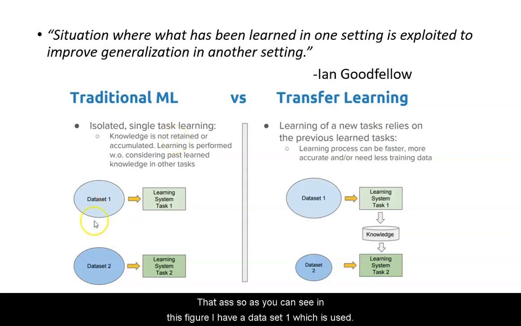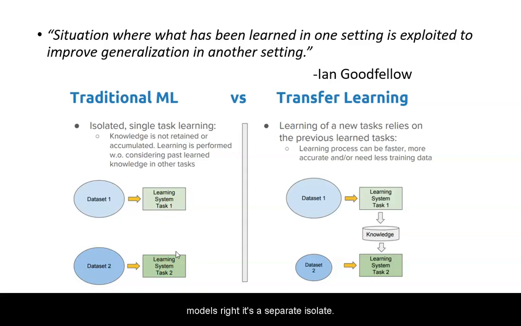Whereas, as you can see in this figure, I have a data set 1 which is used to train a particular model, a different data set to train a different model, and there is no interaction between these models, right? It's a separate, isolated task. Whereas in transfer learning, you can leverage the knowledge, which is nothing but the features or the weights from the previously trained model for actually training a newer model.